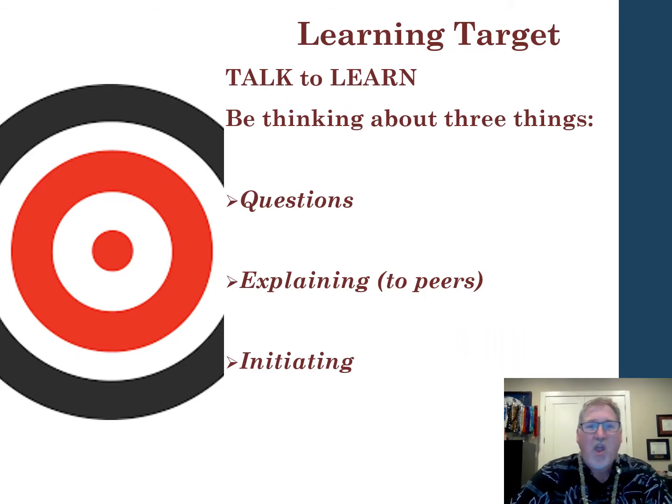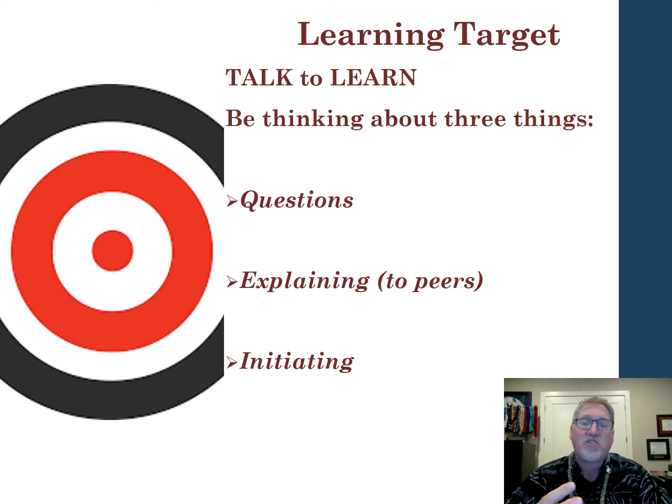Our learning targets in this module, as we move forward with Talk to Learn: I want you to be thinking about three things. I mentioned just a minute ago that we like to try to keep things simple. As you go through this entire module of Talk to Learn, and actually even the whole course, all Talk to Learn is us thinking about the types of questions we ask, how we have students explain their reasoning, and do we have them do that to peers?